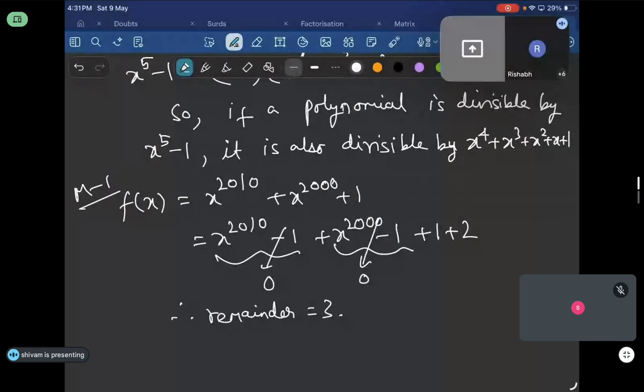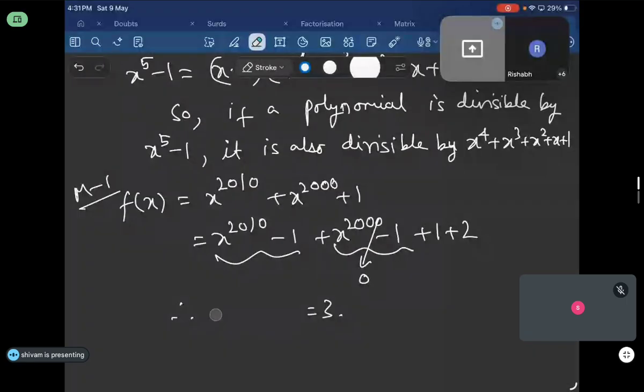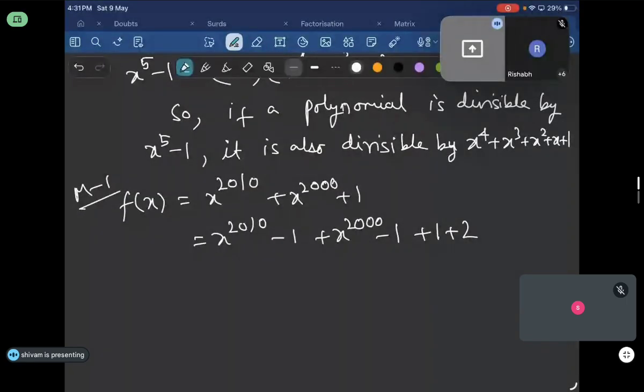I'll do one more step for you. So Rishabh, I've got x power 2010 minus 1. Can I write it as x power 5 whole to the power 402 minus 1, and x power 5 whole to the power 400 minus 1?